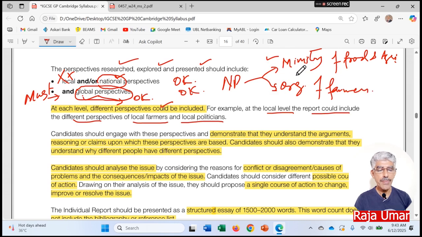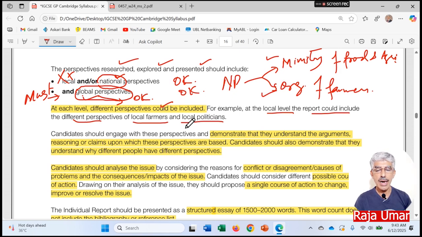So the perspective of the ministry would be one sort of perspective, and the perspective of the organizations of farmers at the national level is the other sort of perspective to be included.